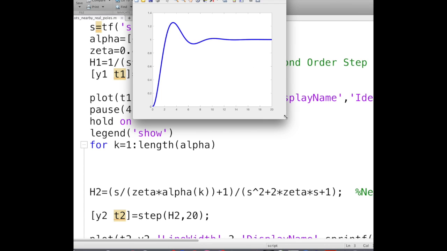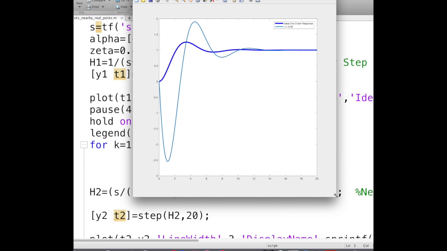There's the natural response in the solid blue line. Notice what happens when you have alpha equal minus 0.5, you get sort of an extreme reaction in the wrong direction and a lot of ringing. So this would be a bad thing in most control situations. As we move alpha a little bit further out to the right, that effect still is present. It moves in the wrong direction and we get some overshoot and the system is slowed down.